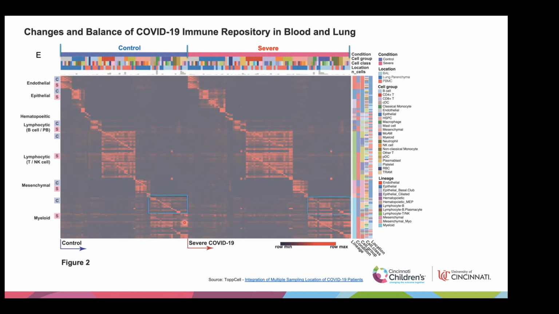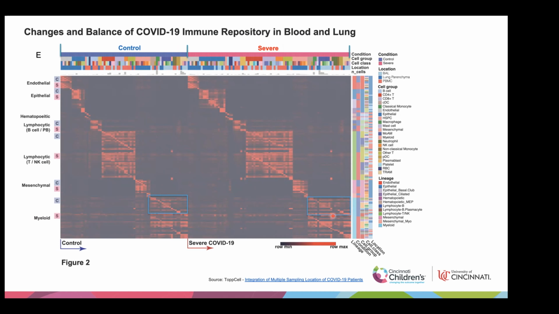For example, this part shows the signatures derived from the control myeloid cells. You can see the blue box on the left and on the right. The left part shows those gene modules derived from control cells and how they look in control, and how those corresponding signatures derived from control look in the severe patient.